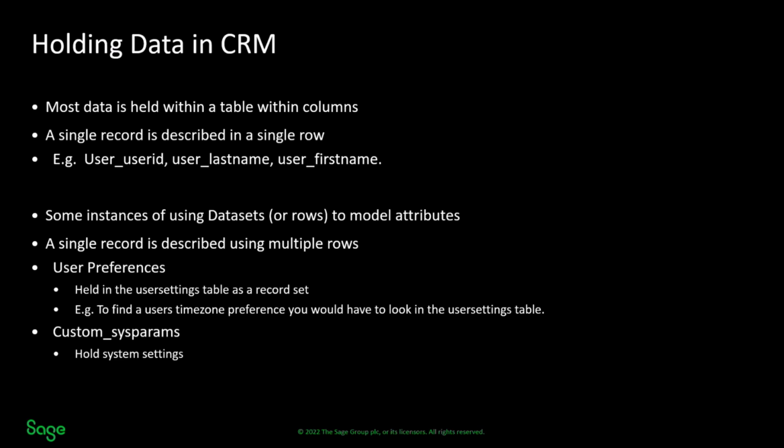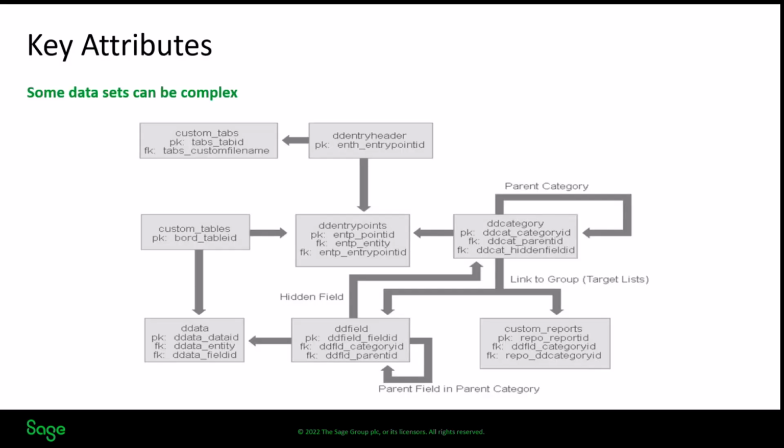So there are some instances of data sets coming back that cross multiple rows of data. Examples of this would be user preferences, custom sys params, and then you have some horrible examples like key attributes. I say horrible examples, they are quite hard to model.